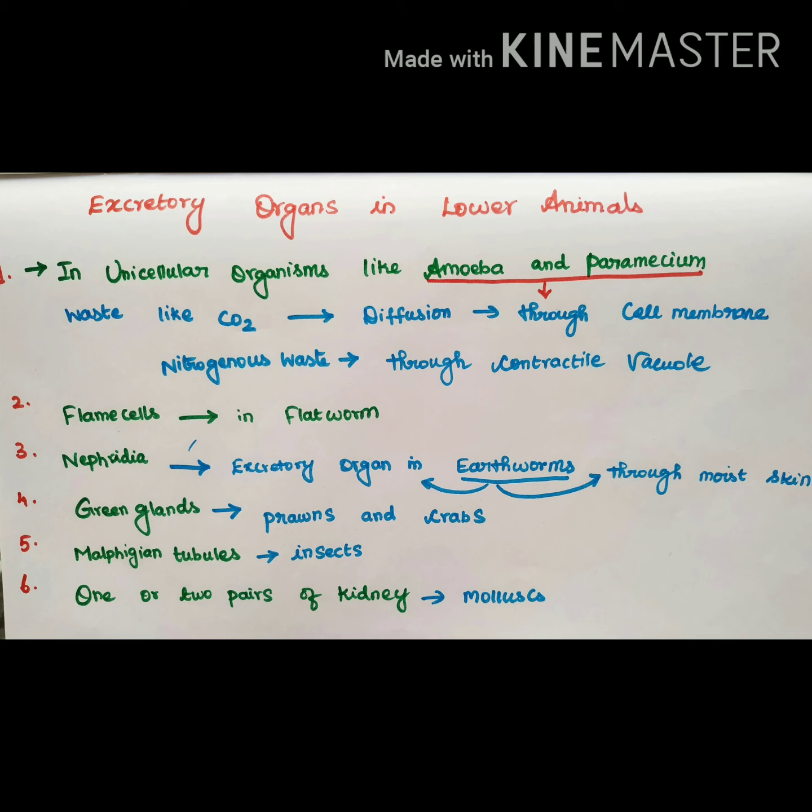Okay, and the fourth one is in the case of prawns and also crabs, that is the crustaceans. In prawns and crabs, the excretion takes place with a gland called green glands. What is the name of the gland? Green glands, which are used as an excretory organ in prawns and crabs.